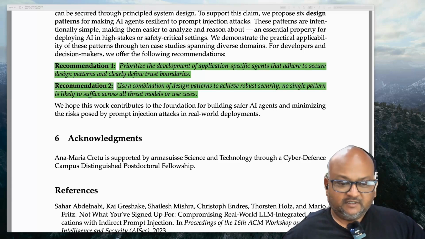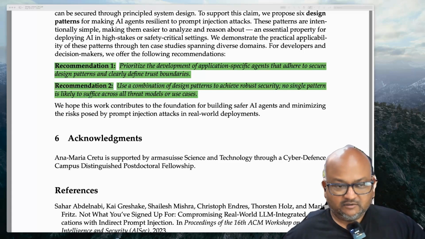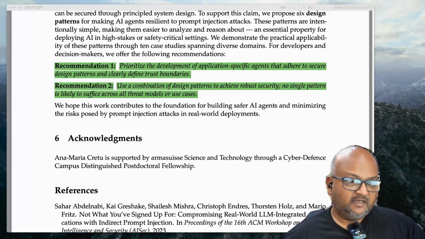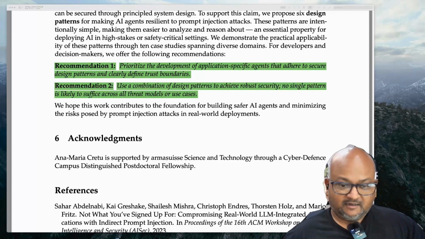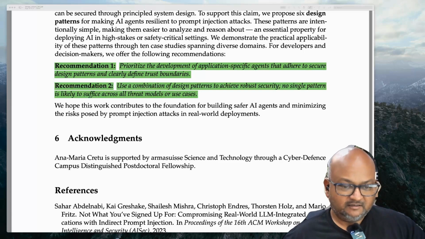A lot of the stuff they've written here was somewhat folk knowledge within the LLM and agents community, but the authors here have done a really great job bringing it all together in one paper and really explaining the whole idea really well. If you're building LLM-based applications or AI agents, you really must read this paper.